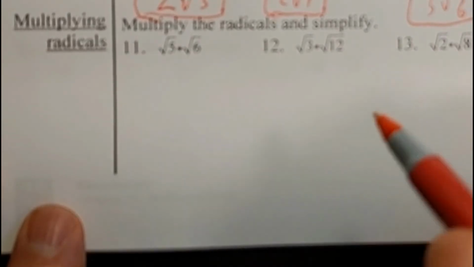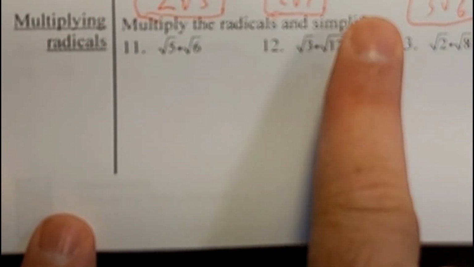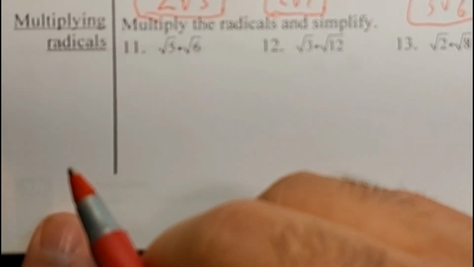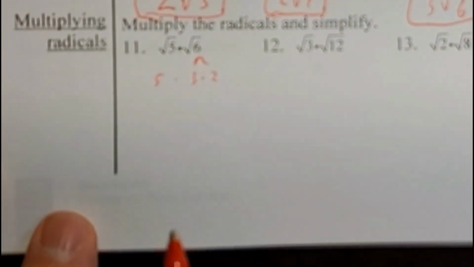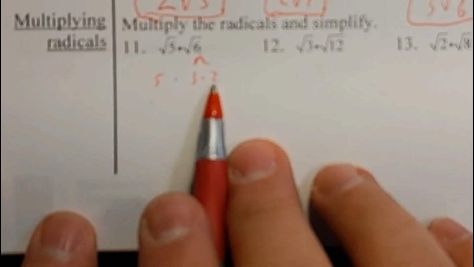For this last part on the front page, it says multiply the radicals and simplify your answers. There's that simplify again. That means no decimals. If you factor it out and actively look for your pairs, then if there aren't any pairs, you don't have to worry about simplifying. So watch. Square root of 5 doesn't factor. 6 is 3 times 2 or 2 times 3.